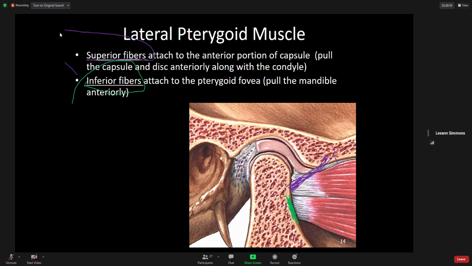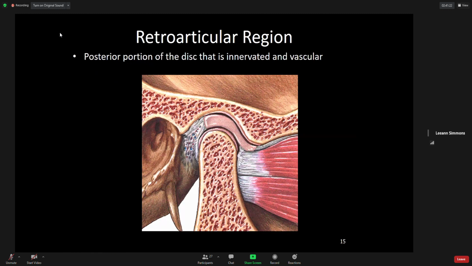So when this muscle contracts, it brings the mandible anteriorly, and it also brings the meniscus with it and the capsule of the joint. So it maintains that disc position at the head of the condyle as the joint moves. That's important. We want that disc moving and staying with this condyle as it moves.